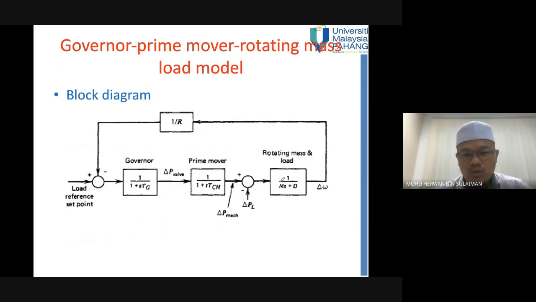Ni load model 1 over MSD and then ada load changes and then this one is from here is prime mover 1 over STCH and then input the P valve and governor punya input ialah load reference set point dengan kita ada kita punya feedback ni 1 over R ni group. So this is our complete block diagram of governor, prime mover, rotating mass load model. Okay, nama dia governor, prime mover, rotating mass and load model.